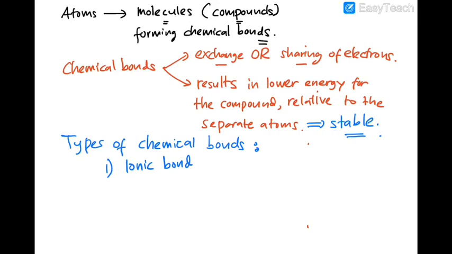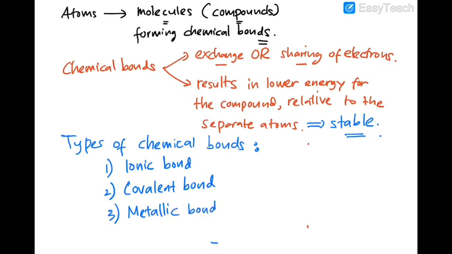Yeah, it's actually not a bond, but we will discuss this later. And then this one, the actual bonding, which is the covalent bond. And then the other one is the metallic bond. So we have three types of chemical bonds.